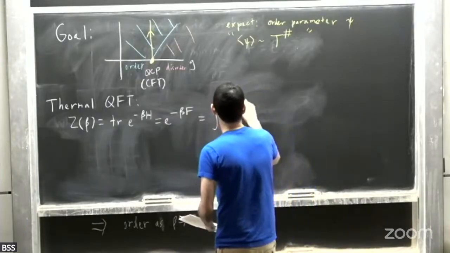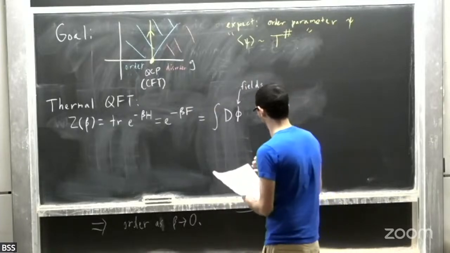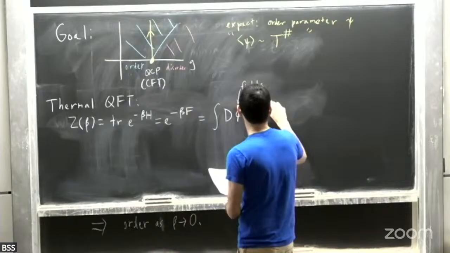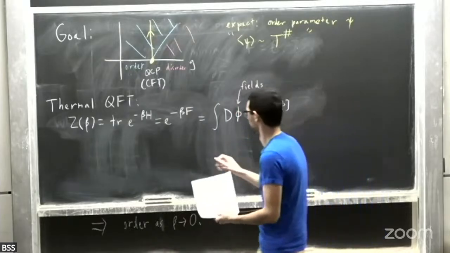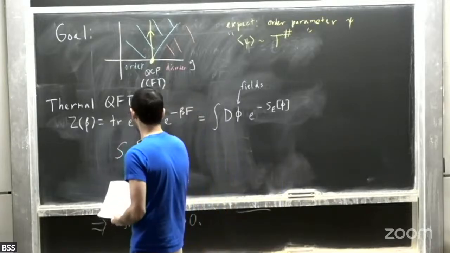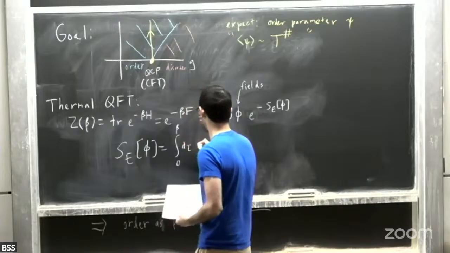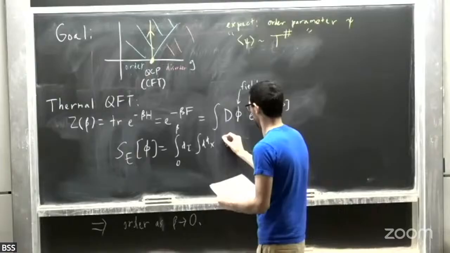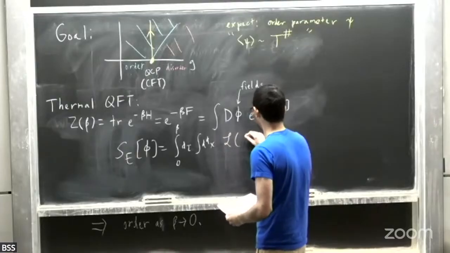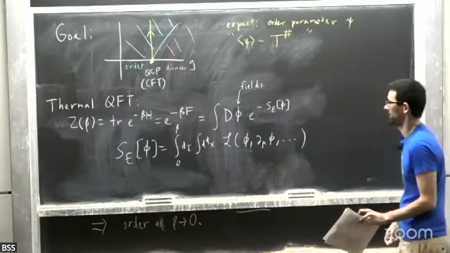So if we have some set of fields phi, then we're evaluating the Euclidean time action, where this S_E will be an integral over the imaginary time thermal circle and any spatial directions of a Lagrangian that depends on phi, and d_mu phi, and so on.